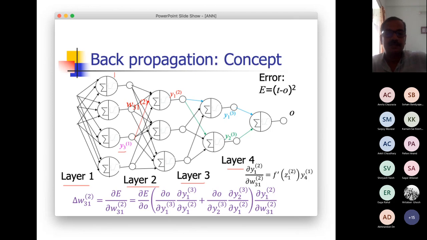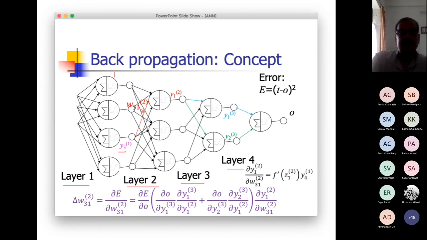This output is also denoted, and this weight corresponds to this edge, with 3 and 1 connected. We are also using superscript to denote this node, and 3 denotes the node of the previous layer.